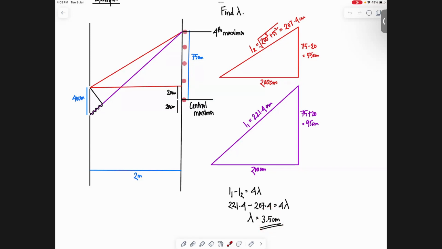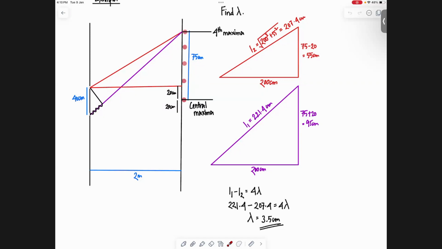So how do you do the math here? You have two sources here, right? So you find the distance from here to there, and you find the distance from here to there, and these two lights arriving at this point make the fourth maximum, right? What does the fourth maximum mean or correspond to? What's the significance of that?